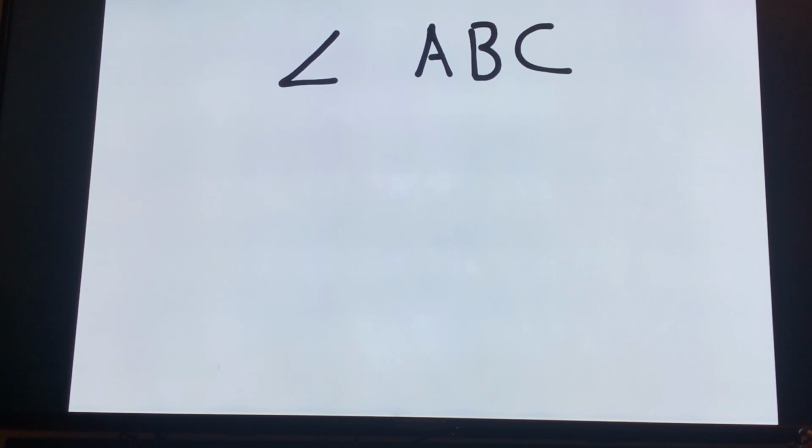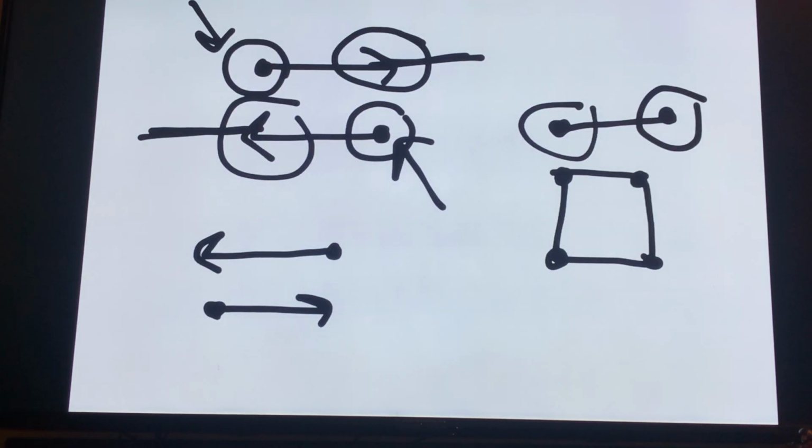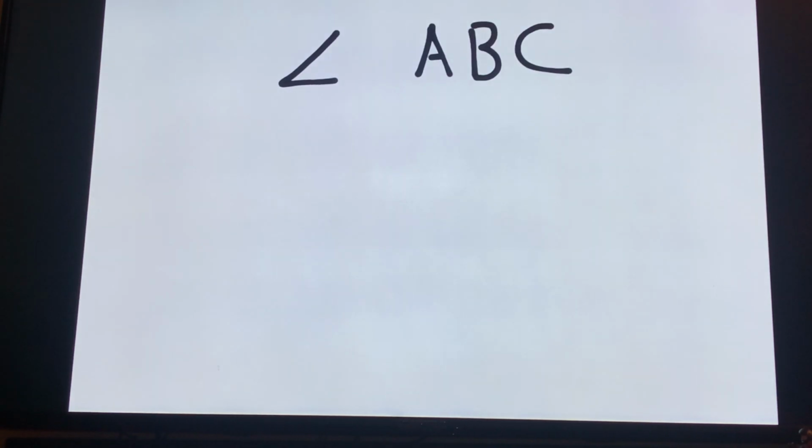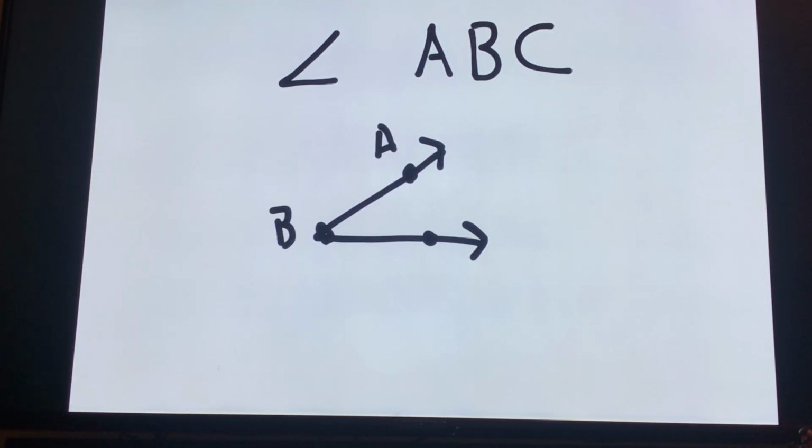Alright, now let's go back. We're going to look at our rays. We're going to show what they're going to look like if they were connected. So what that means is you're going to have A, and you're going to have B, and you're going to have C. So A, B, C. And you're going to read it a little bit different than when we just looked at the rays by themselves without segments pinched in between.